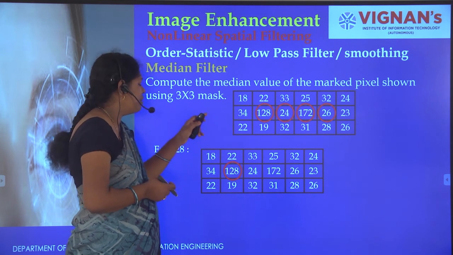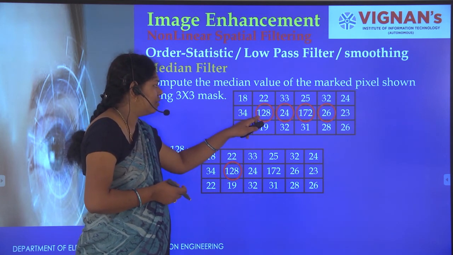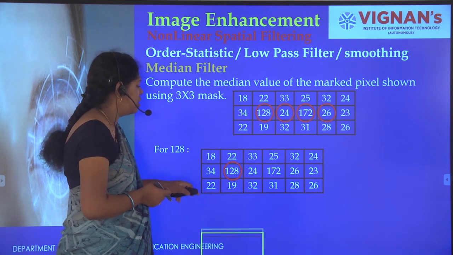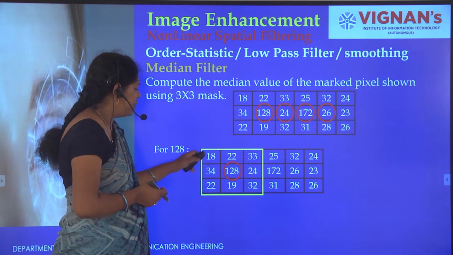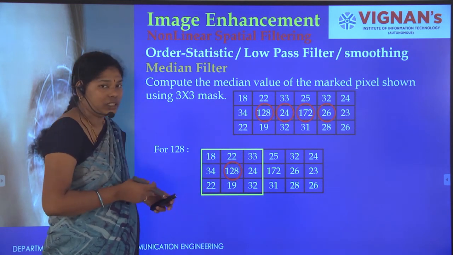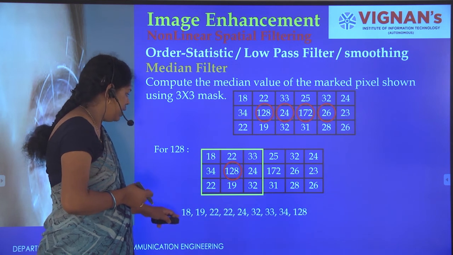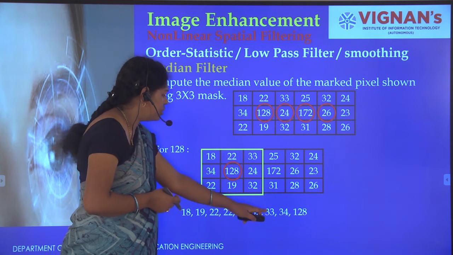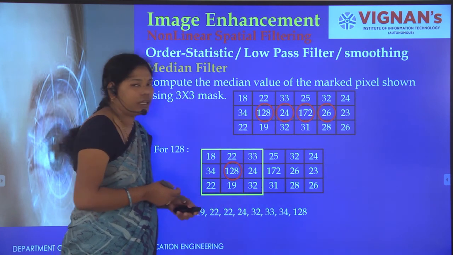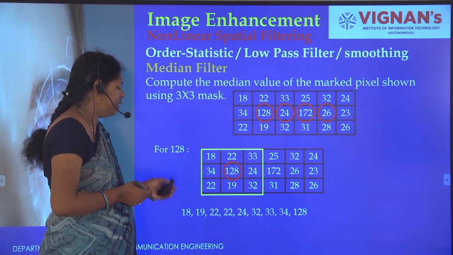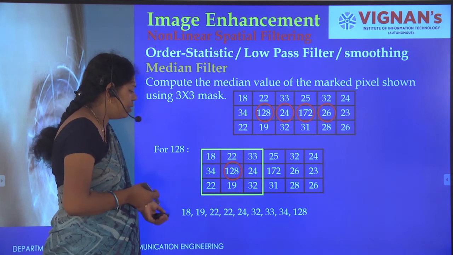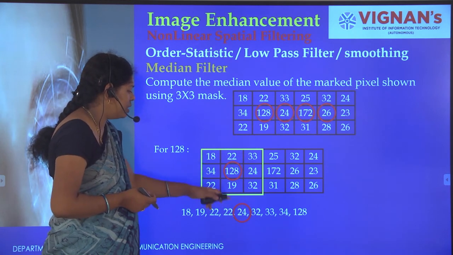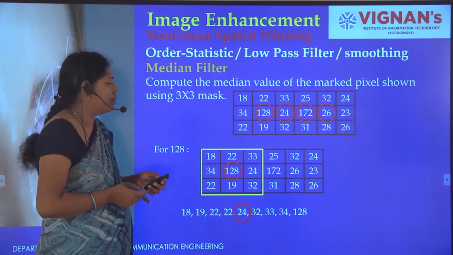For example, if you want to identify 128, that will be the center one, and here we are considering a 3x3 mask, and all pixel values have to be arranged in ascending order, that is 18, 19, 22, 22, 24, 32, 33, 34 and 128. Now we have to identify the median, that is the center element, that is 24. The 128 will be replaced with 24.